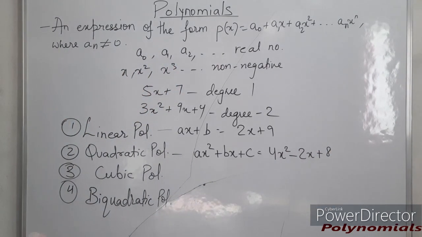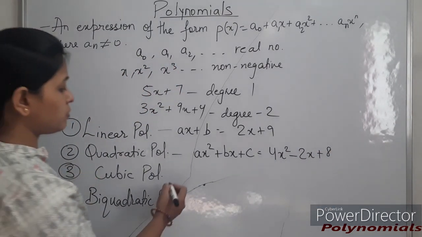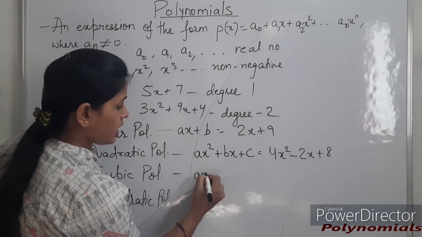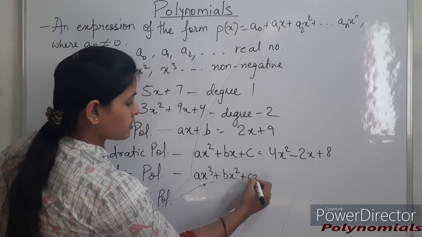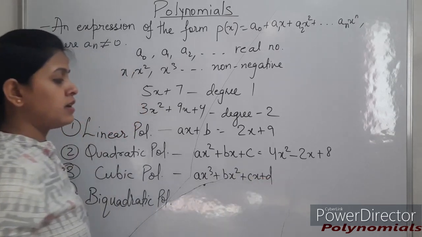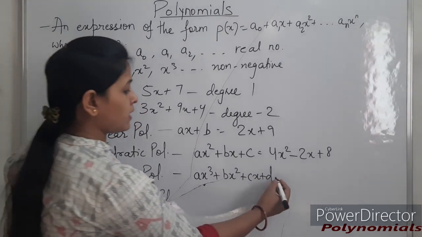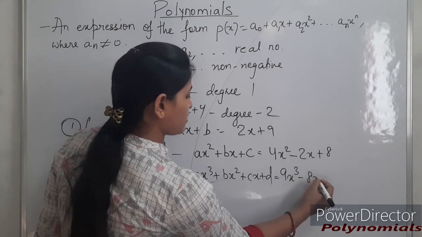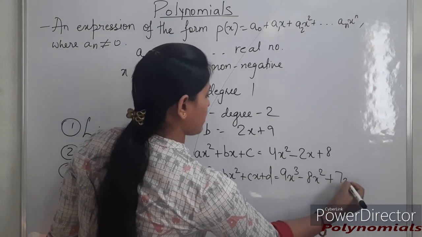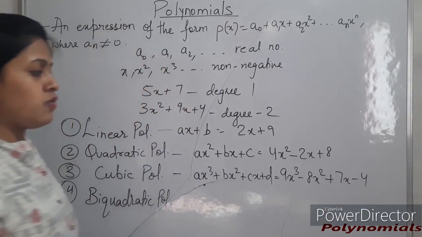Okay, likewise in cubic polynomial it becomes ax cube plus bx square plus cx plus d. Like 9x cube minus 8x square plus 7x minus 4.